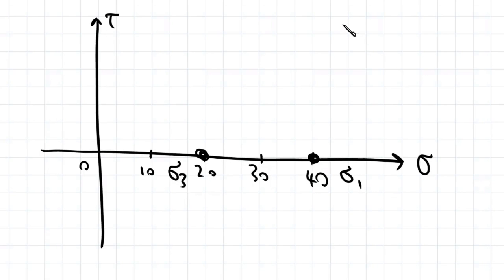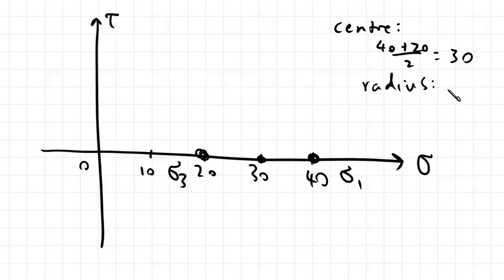So now the center can be calculated by the average of the two principal stresses. So 40 plus 20 divided by 2. That gives us 30. So this is where the center of the Mohr circle is. And the radius can similarly be calculated by sigma 1 minus sigma 3 divided by 2.